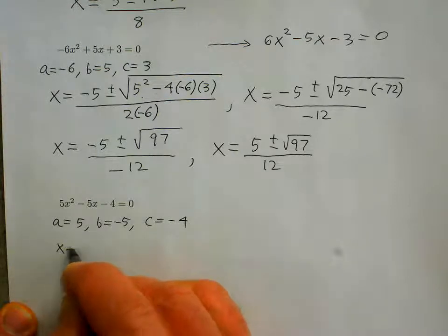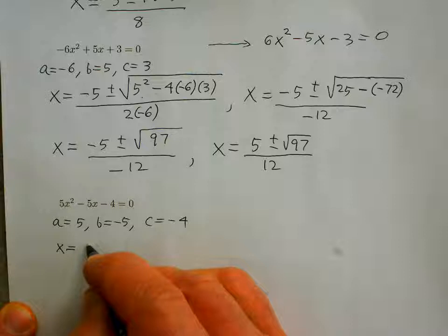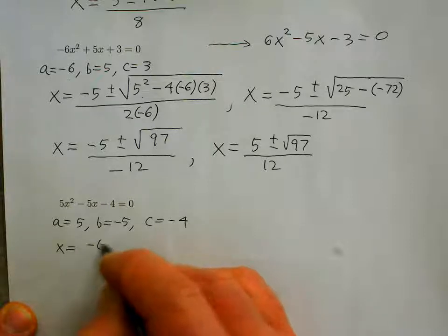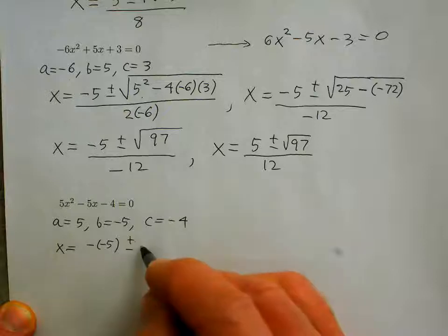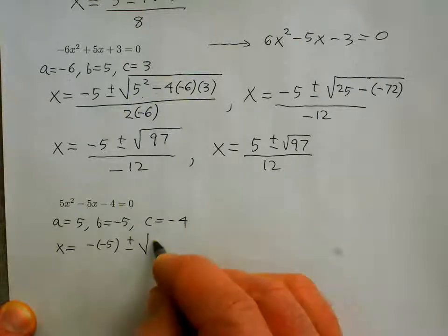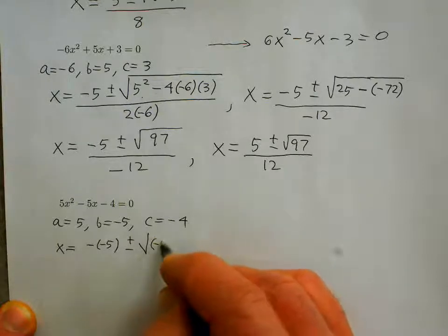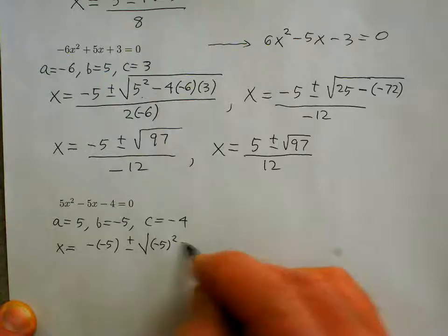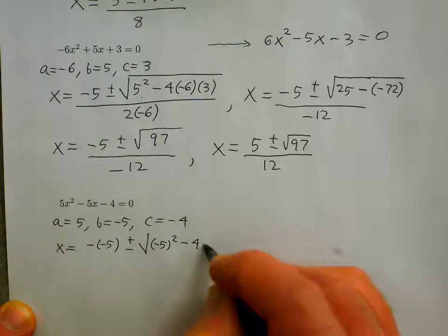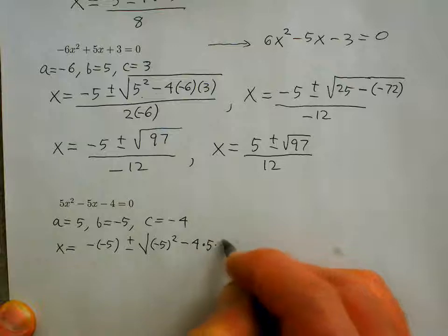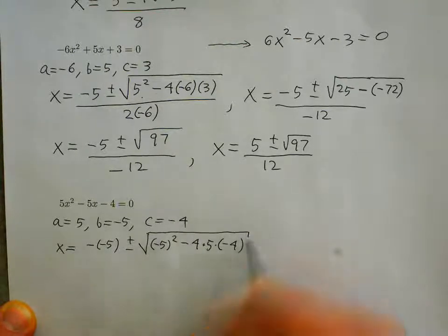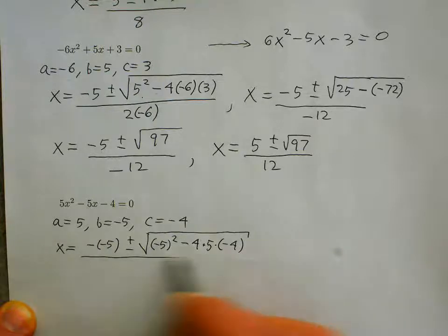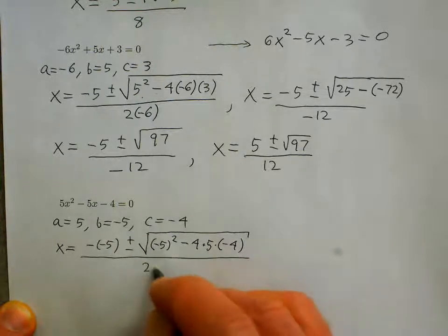Okay, so x equals negative b, so that's the negative of negative 5, plus and minus the square root of the number negative 5 squared minus 4 times 5 times negative 4, all divided by 2 times 5.